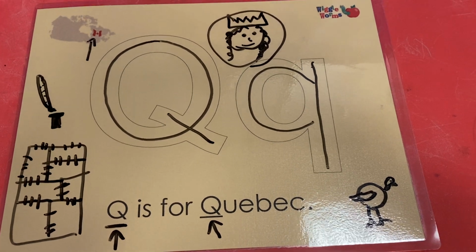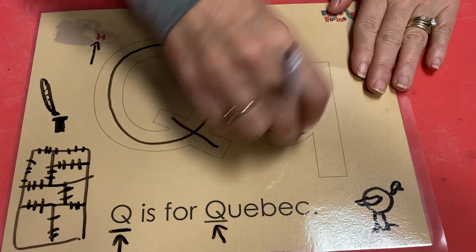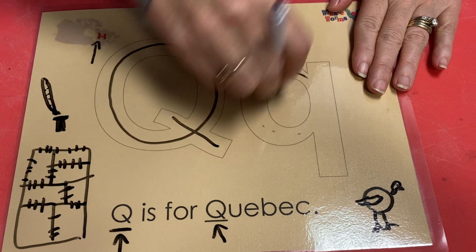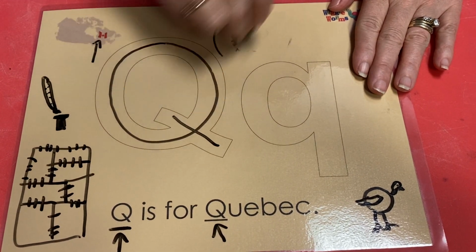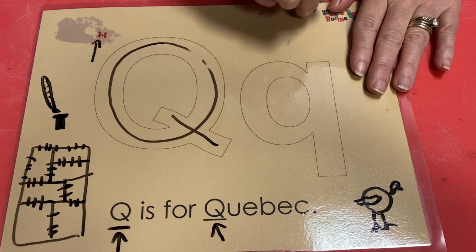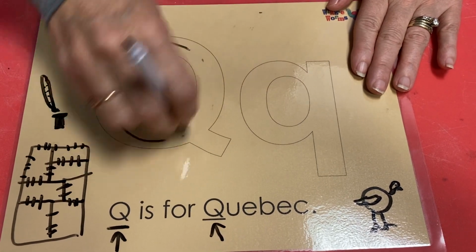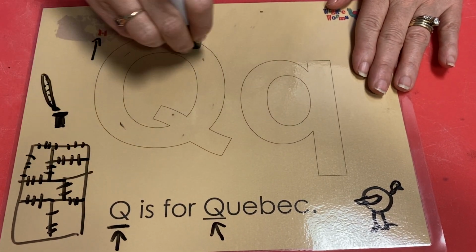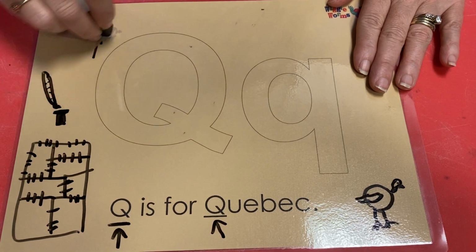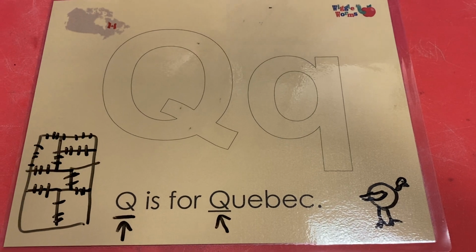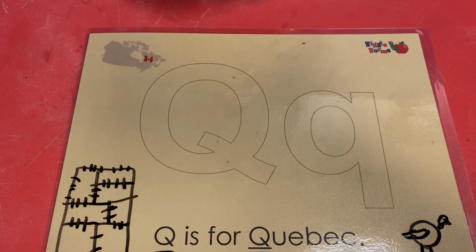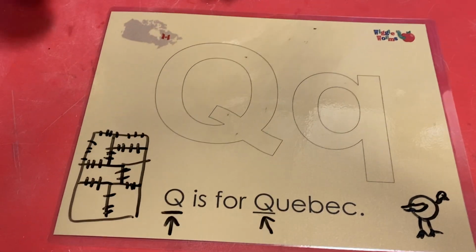All right, we're going to work with Play-Doh today. So, you can erase your boards. All right. And then you have Play-Doh. You can use the Play-Doh to make your letters.